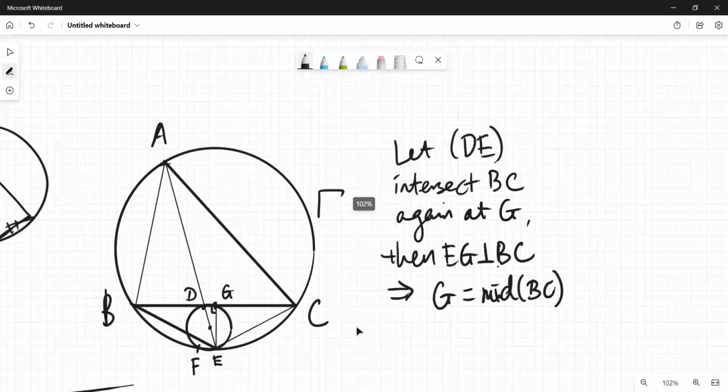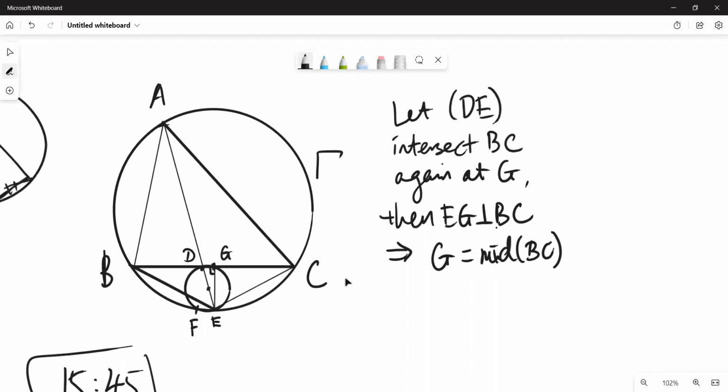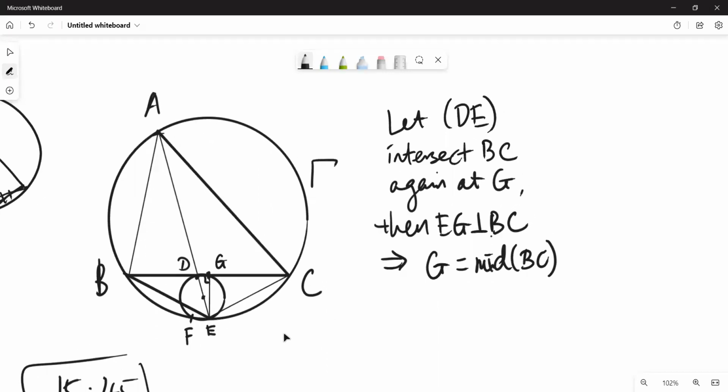So there's a non-inversion way and an inversion way. The non-inversion way is to extend GE until we reach here. Let's say this is K, right?